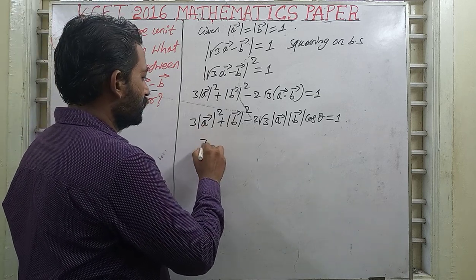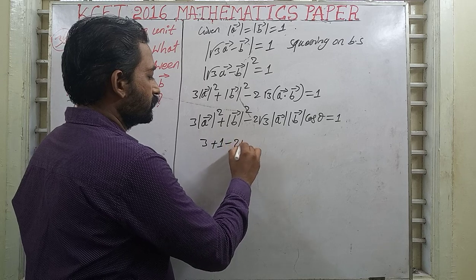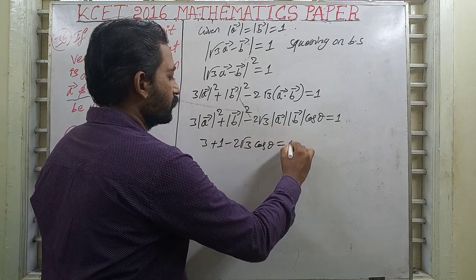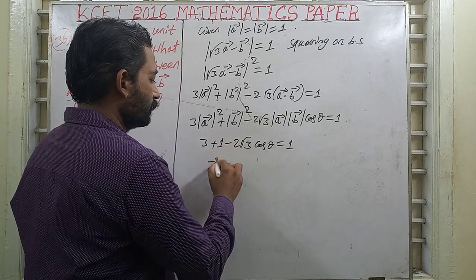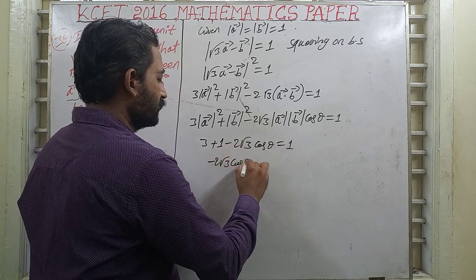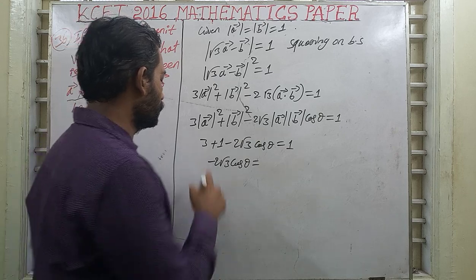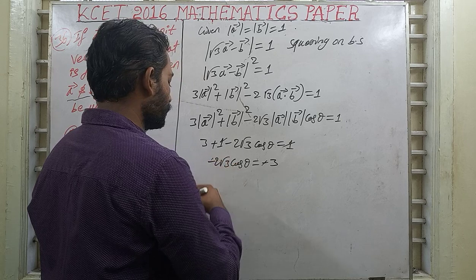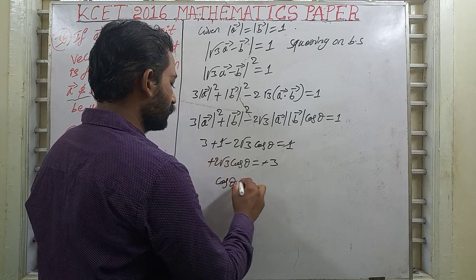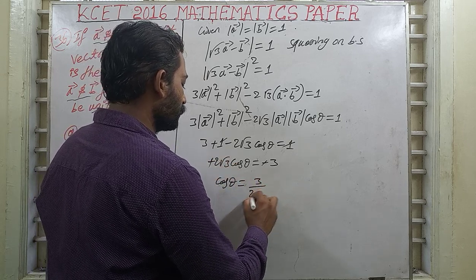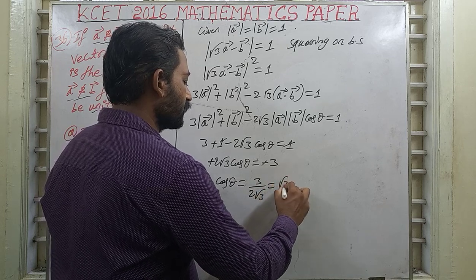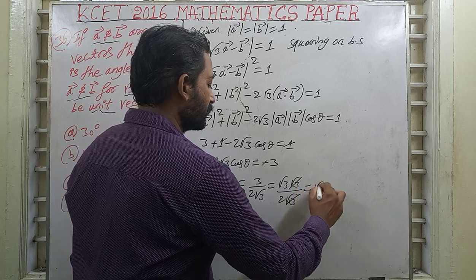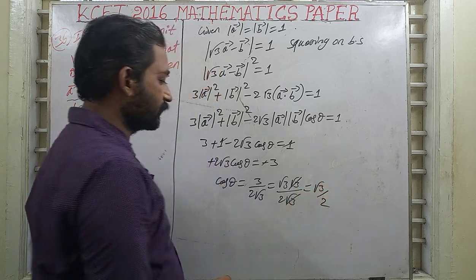So this is 3 plus 1 minus 2 root 3 cos theta equal to 1. 3 plus 1 is 4, minus 2 root 3 cos theta is equal to 1, the 1 cancels and it becomes minus 3 cancel. Now cos theta is equal to 3 by 2 root 3. 3 can be written as root 3 into root 3 divided by 2 root 3. Root 3 gets cancelled, giving root 3 by 2. So cos theta becomes root 3 by 2.